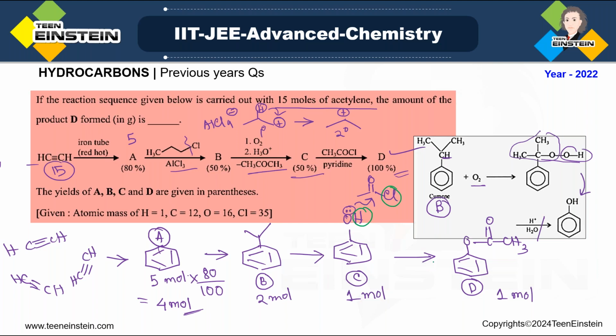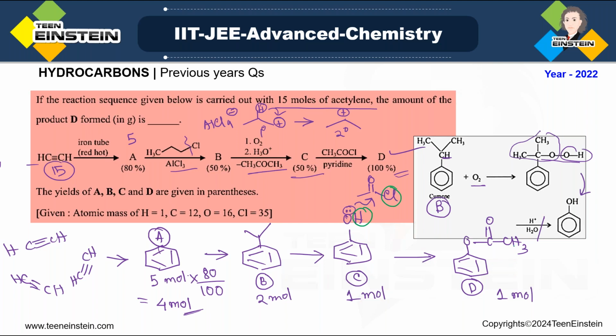So whenever some reagent is given and you are having trouble understanding the role of this reagent, just try to understand whether the reagent is basic or acidic, because sometimes if it is a basic reagent, the byproduct that we want to remove so that the equilibrium is shifted towards the right hand side may be acidic in nature, or it may be vice versa. That is, if the reagent is acidic in nature, then the unwanted product or fragment that you want to remove should be basic. So this is 1 mole.